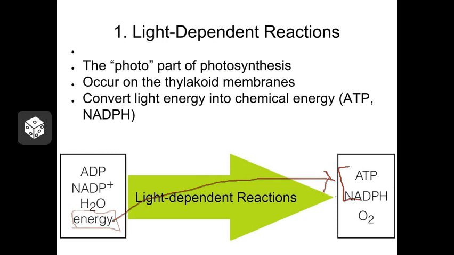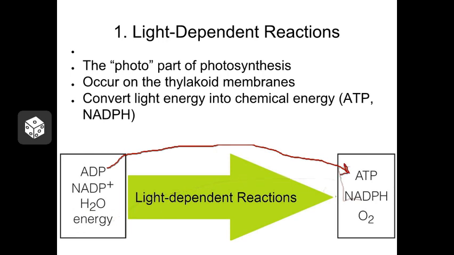Now let's think about the types of reactions that would be necessary to do this. In order to change ADP into ATP, what kind of reaction is necessary? Well, it's a phosphorylation. You have to add a phosphate group to ADP to change it into ATP. So we're going to need some machinery that can do that. Also during these reactions, we want to change NADP+ into NADPH.